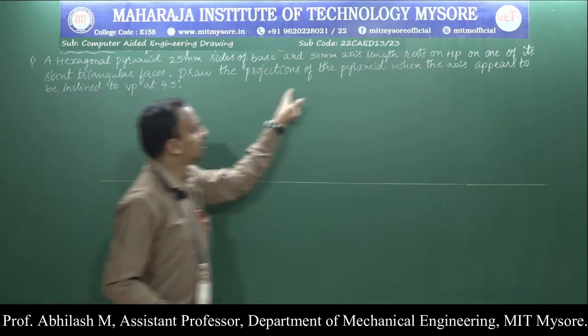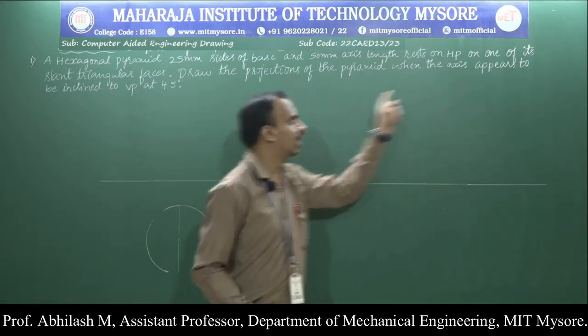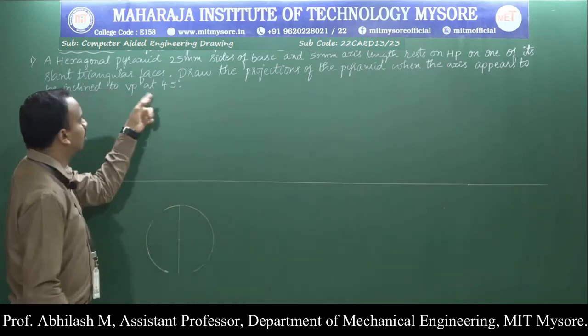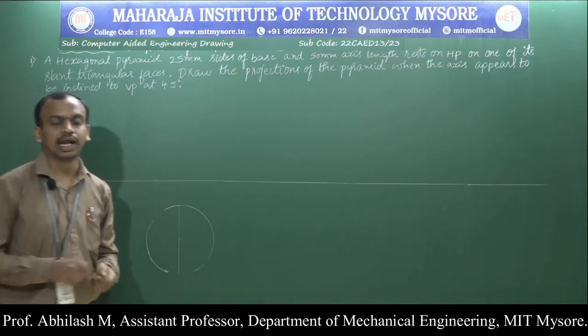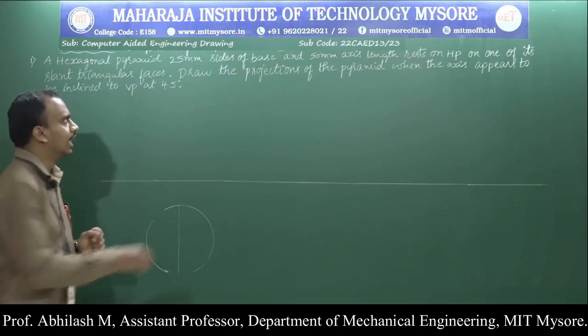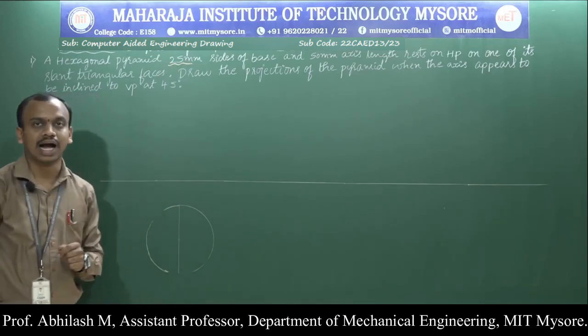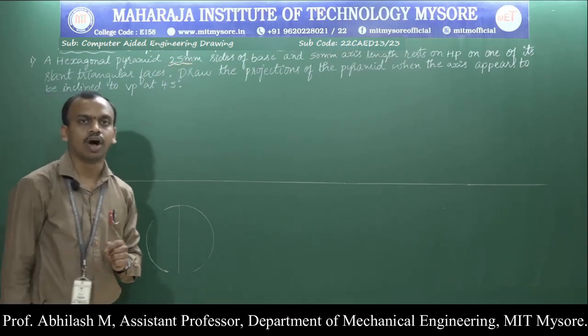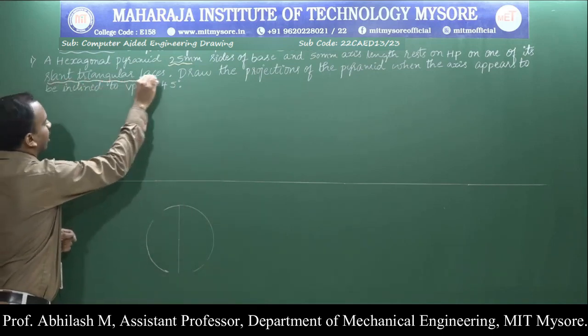So draw the projections of the pyramid when the axis appears to be inclined to VP at an angle of 45 degrees. There are 2 to 3 important terms that we should note down. One is that each base side is 25 millimeter and it is resting on HP on one of its slant triangular faces.